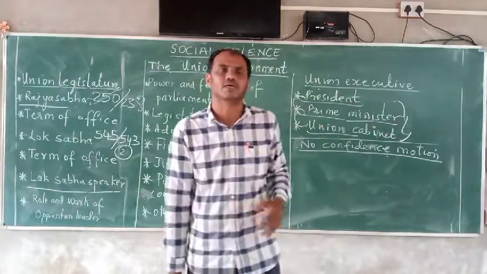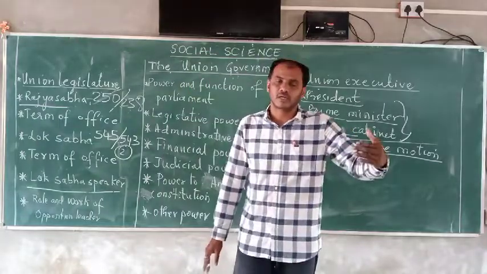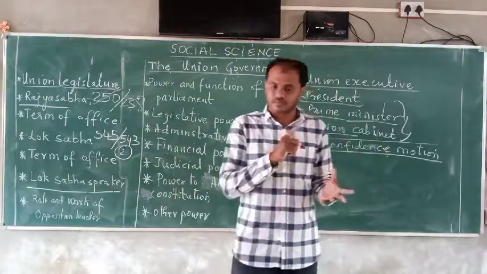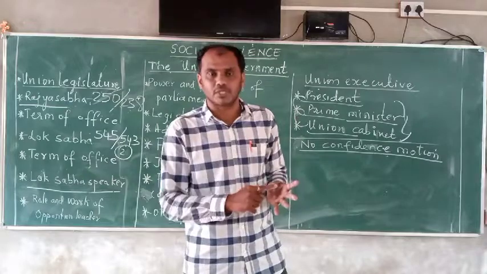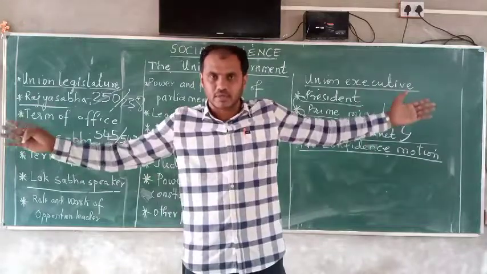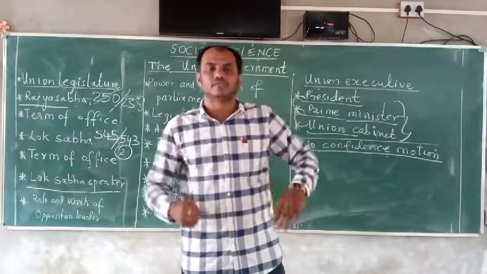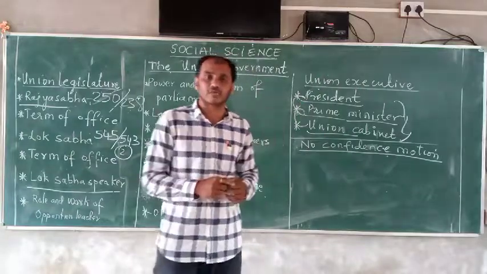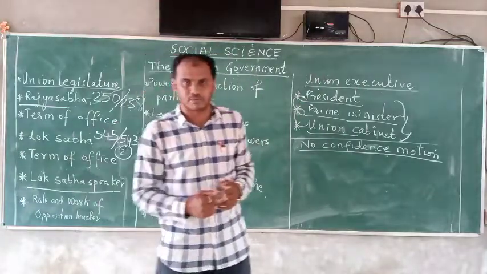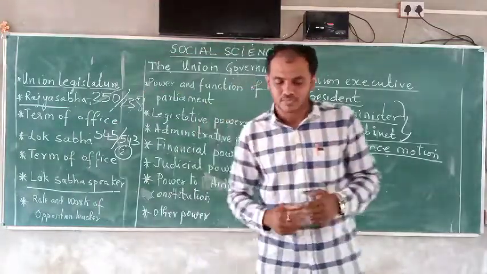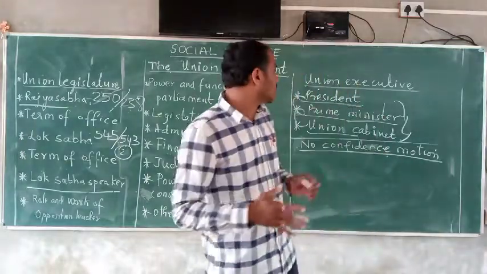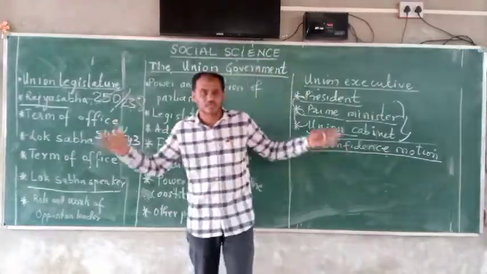For example, for the Railway Minister, Foreign Affairs and Finance Minister, there will be deputy ministers because it is a big department, a big portfolio to look after. So deputy ministers or ministers of state will be given. So this is regarding the Union Cabinet.